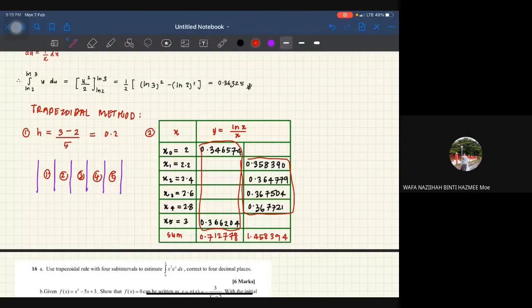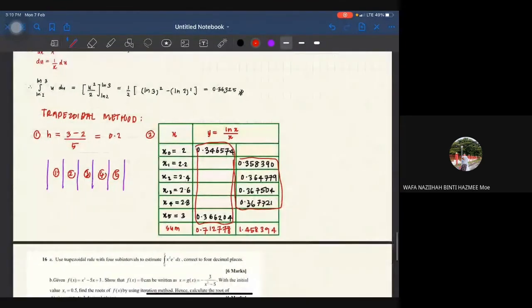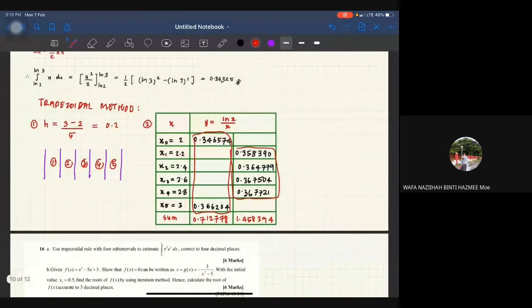Okay, so awak dapat nilai yang sama tak macam saya? Is everything correct? Every number, every decimal? Yes, miss. Dapat. Okay, good.